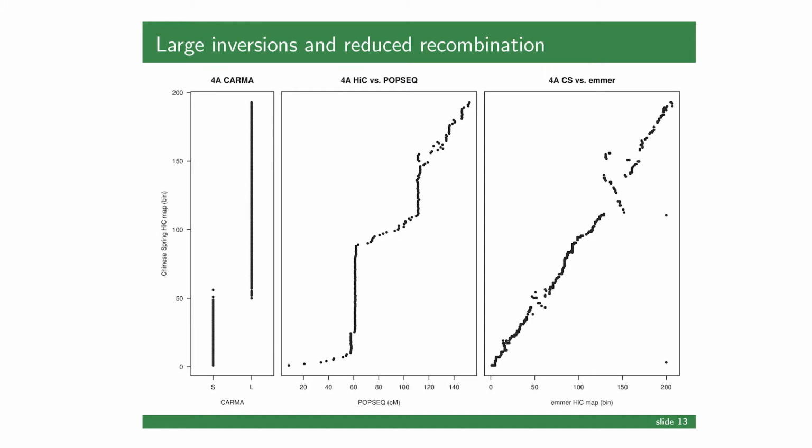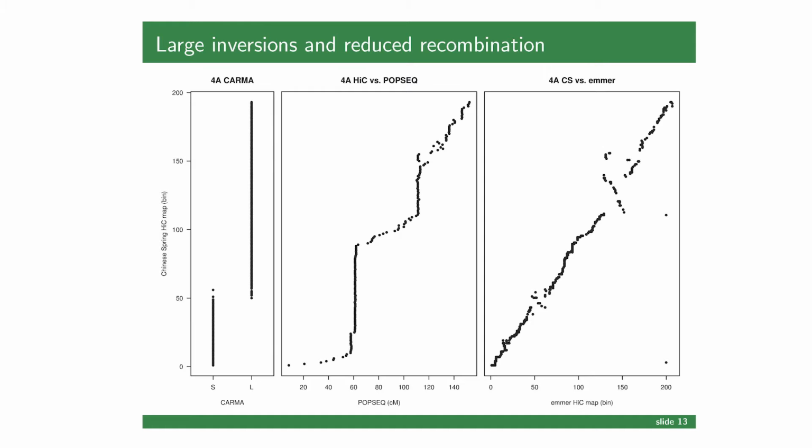On the right-hand panel, we see the most likely reason why there is no recombination: a large inversion between the 4A in bread wheat and the 4A in emmer, and this inversion is responsible for the suppressed recombination.